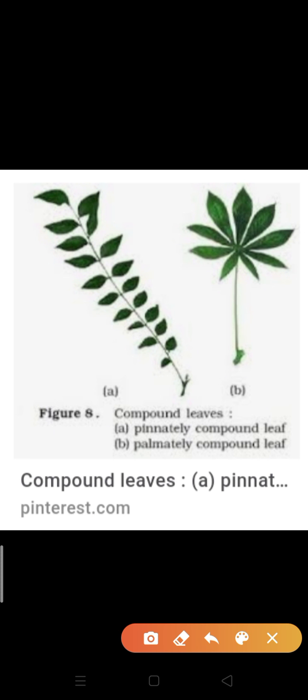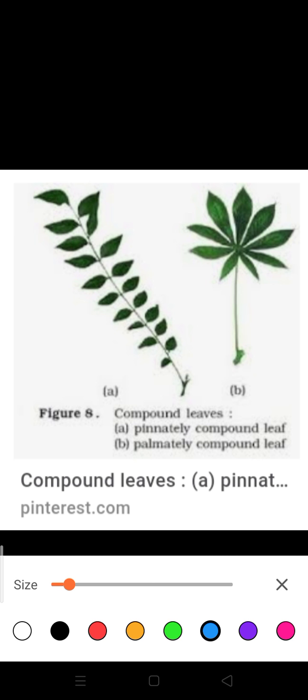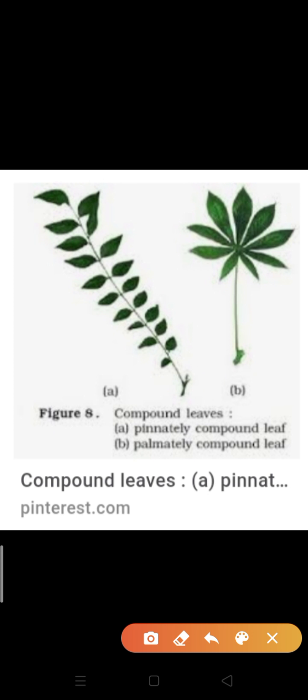So what is the compound leaf? Compound leaf is such type of leaf in which the leaf blade, the lamina, is incised up to the midrib or petiole.